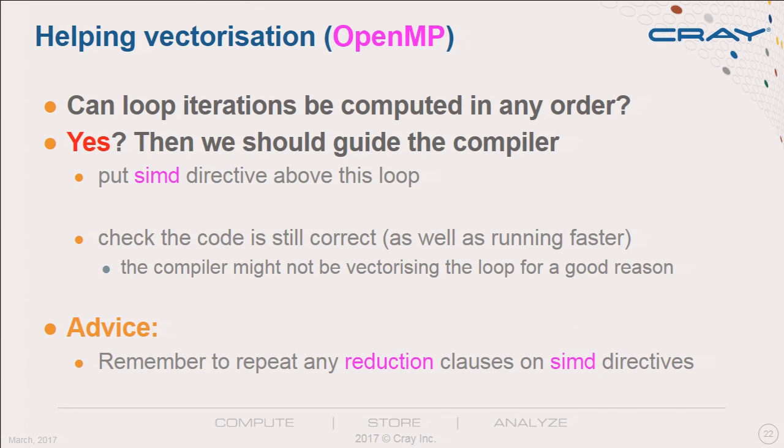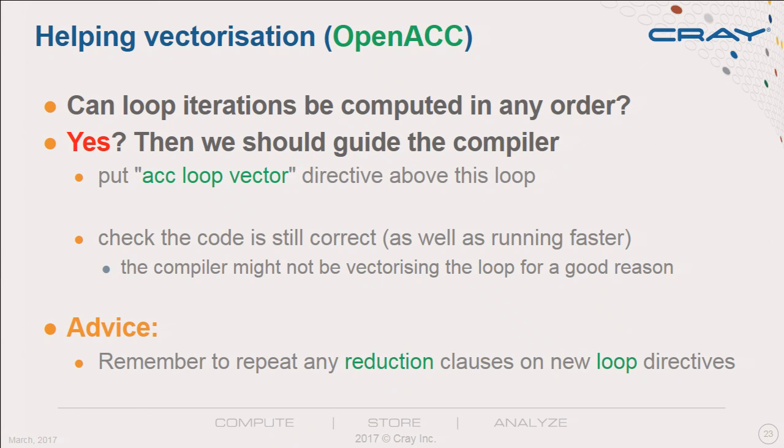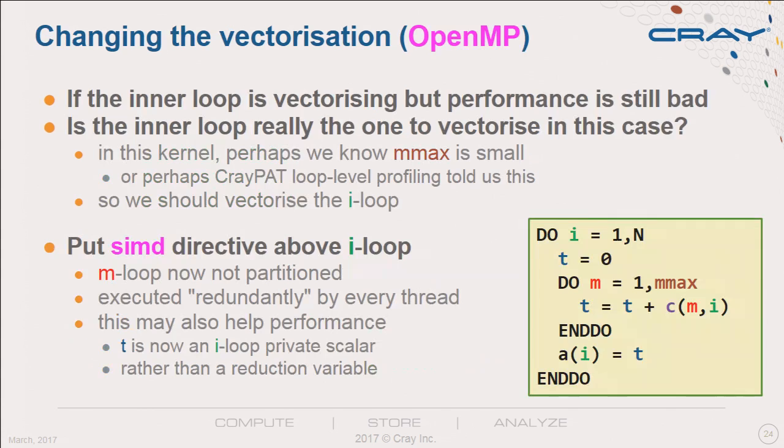And when you do that, remember, if you have any reduction clauses, you should repeat them with the SIMD directive. With OpenACC it's similar, but there you should put the acc loop vector directive.